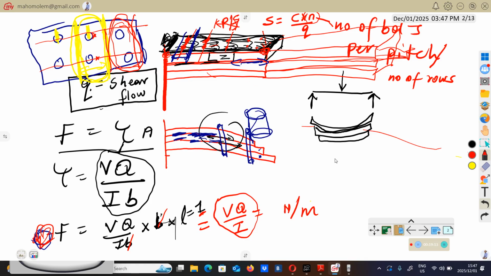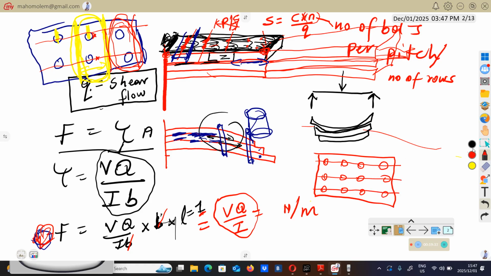So if you have 3 rows, like here, if you put bolts there, bolts there, bolts there to join those rulers or planks or whatever, you'll have 3 rows: 1, 2, 3.